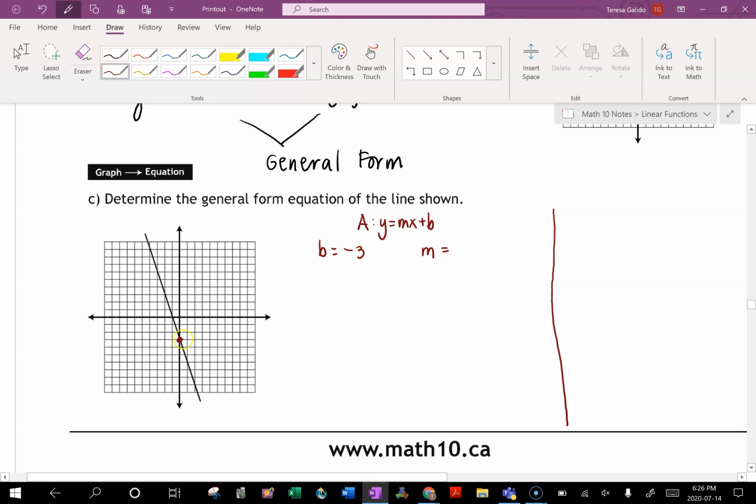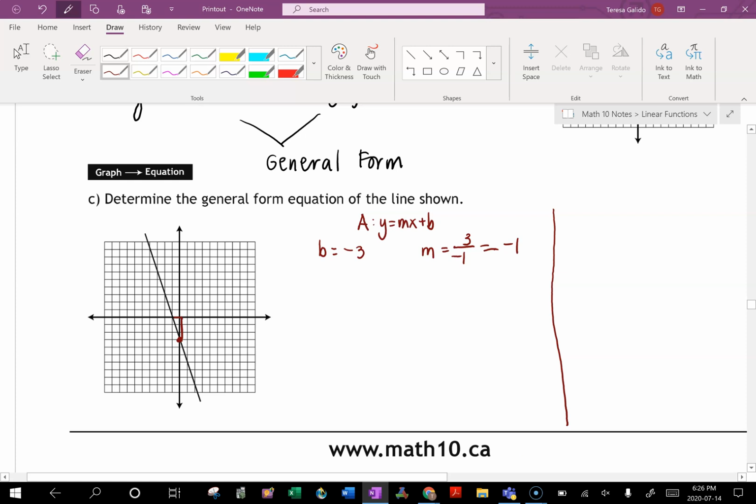The slope is going up 3 and to the left 1. So my slope is +3 over -1, or that's equal to -3.